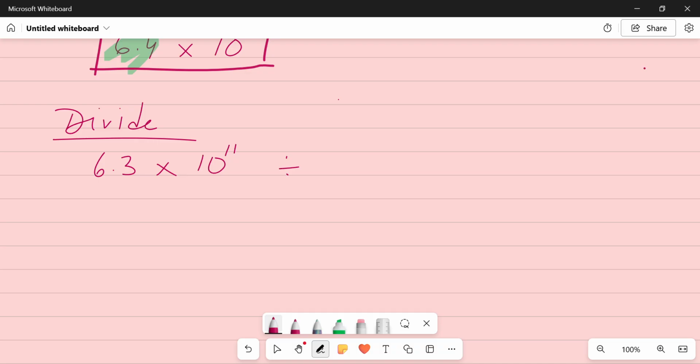And divided by 7 times 10 to the power 4 here. Okay, here what we need to do, we need to divide 6.3 with this 7. And you must know this, right? Very important, because the examiner will check this part, right? 6.3 divided by 7. So are you going to do this?